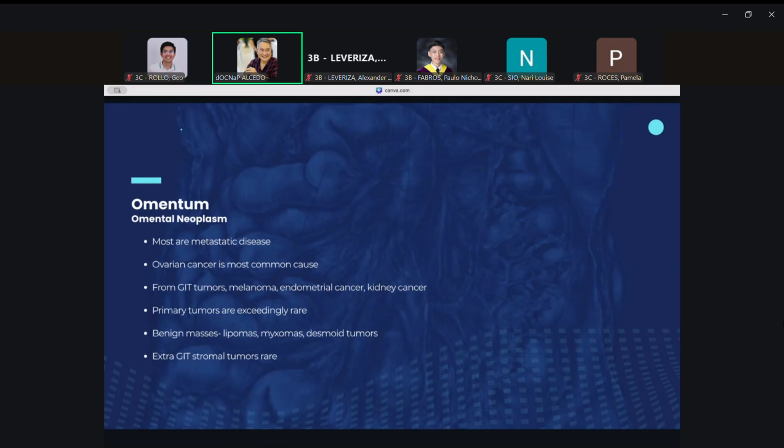Primary tumors are very rare. And when you say primary tumors, most of the time they are benign, lipomas, myxomas. Okay? So most of the time they are involved with metastatic disease. So if they are involved with metastatic disease, then you might need to remove it if it will improve the survival of the patient. No?